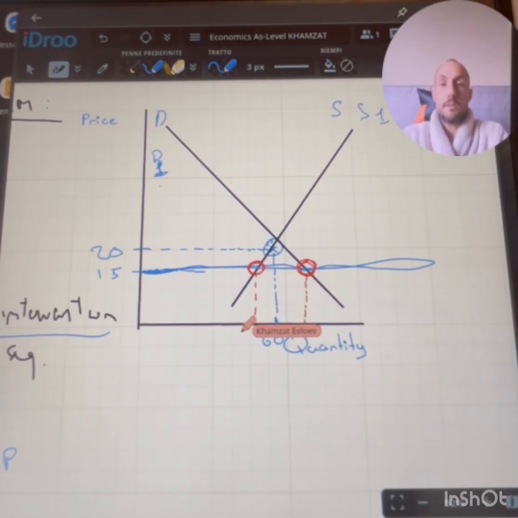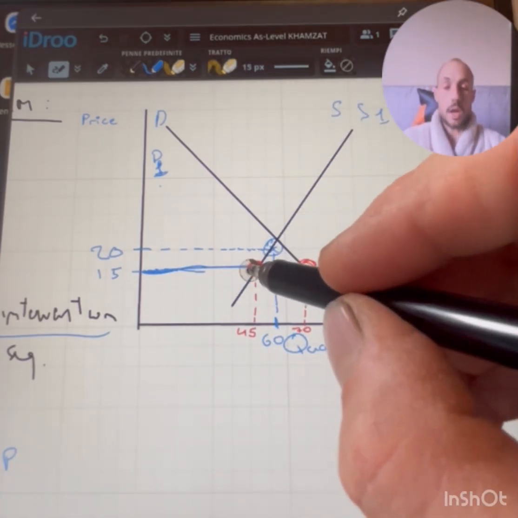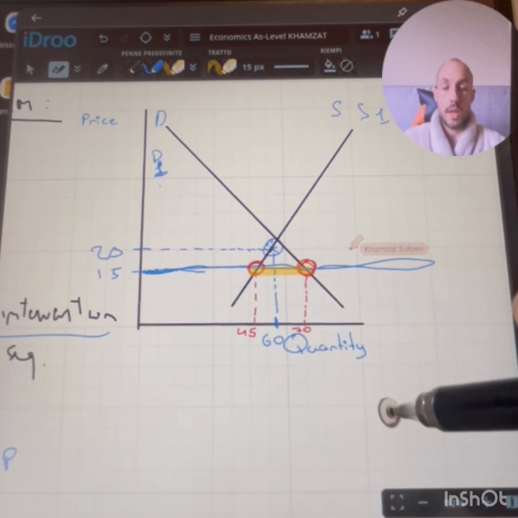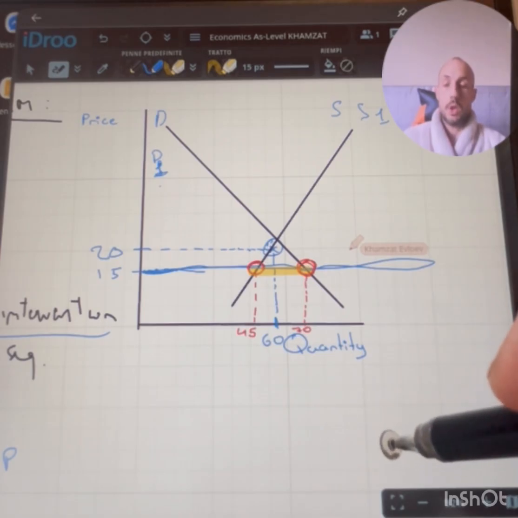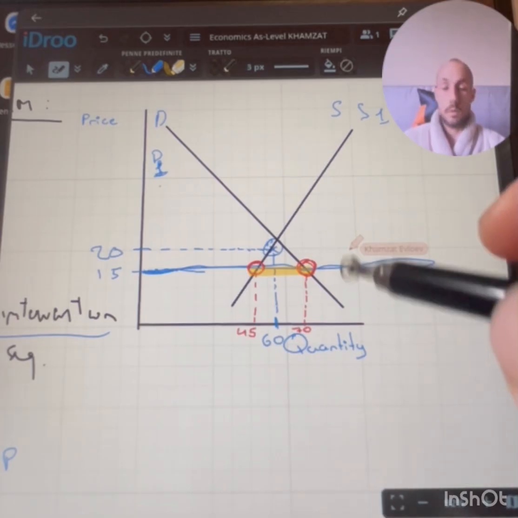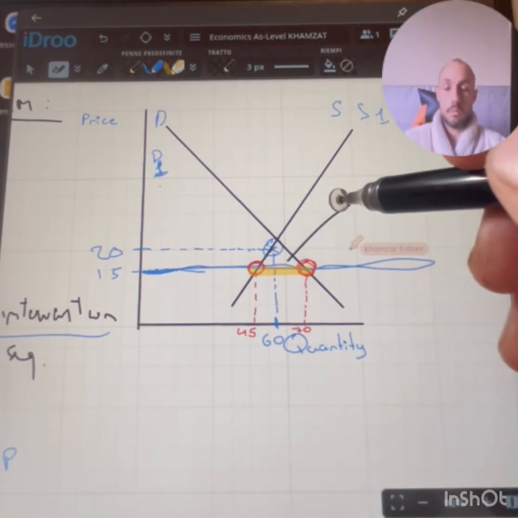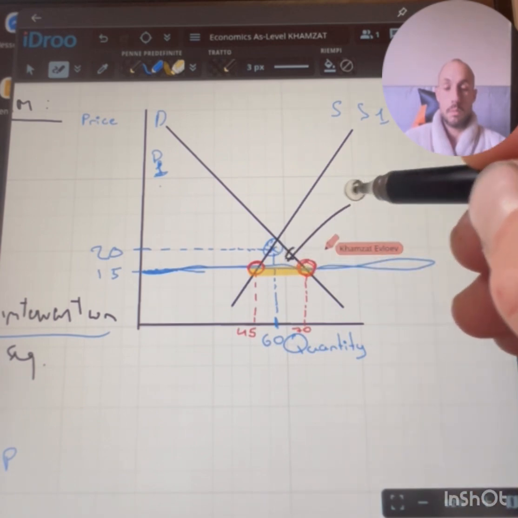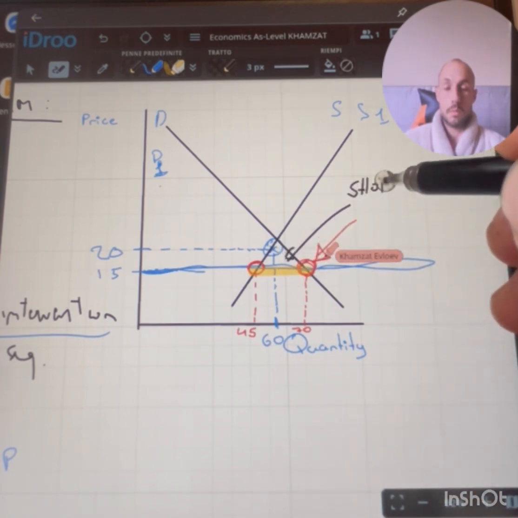So what happens after the government intervenes? After the government intervenes, we have a shortage of 25 units. Oh, that's how much is demanded now. Okay, makes sense.